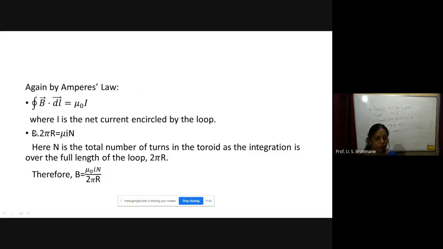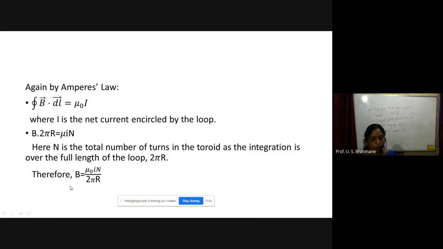Here N is the total number of turns in the toroid, as the integration is over the full length of the loop. That is nothing but the full length of the loop. If you take the full loop, it is as good as the circumference of a circle, that is 2 pi r.